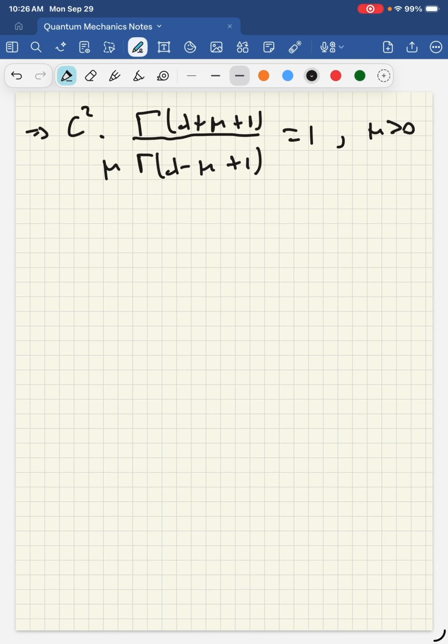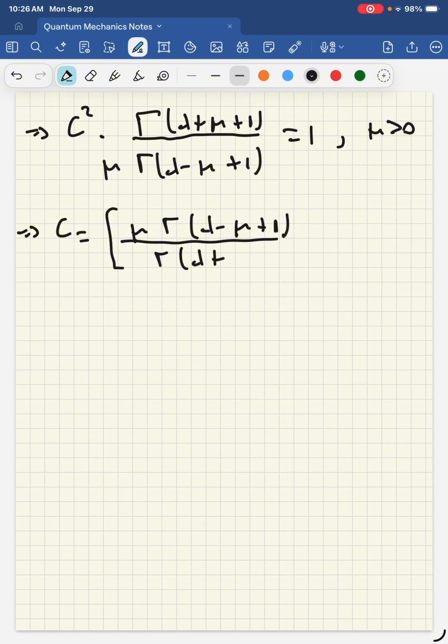So c is the square root of mu times gamma of lambda minus mu plus 1 over gamma of lambda plus mu plus 1.